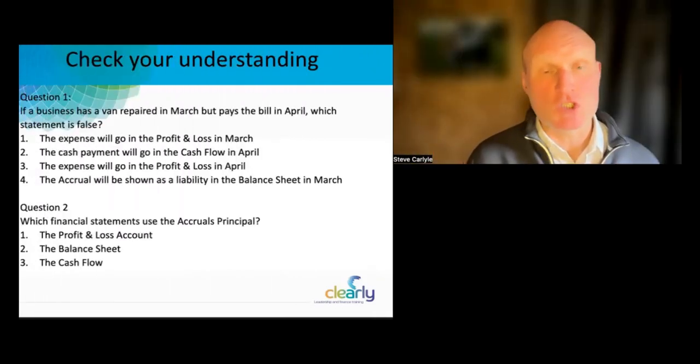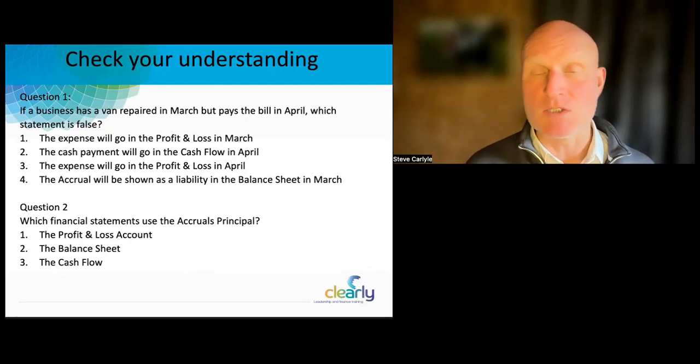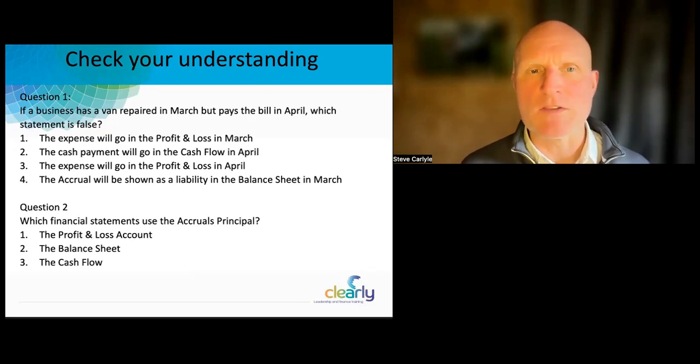Okay, so the first question, just one answer is correct there. So when we've got this repair in March, same example that I used before, but we've paid for the repair in April, which of those is false? Well, the answer is number 3. The expense will not go into the P&L in April.